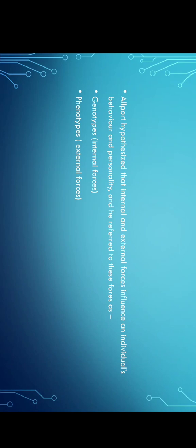Phenotypes are external forces that relate to the way an individual accepts his or her surroundings and how others influence his or her behavior. So these are genotypes and phenotypes.